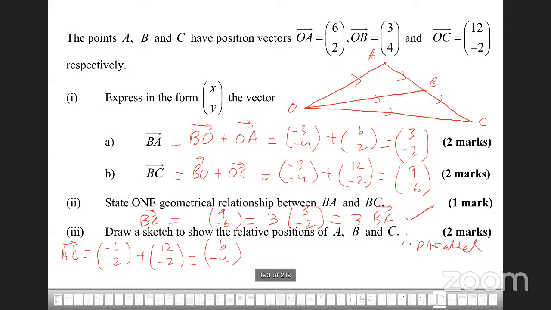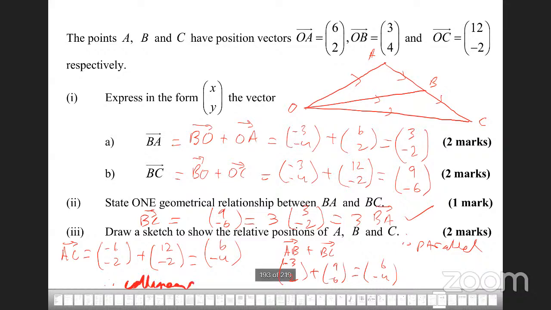Therefore, let's add up AB and BC. So AB, we have BA there. So AB is 3, -2. BC is 9, -6. So when you add it up, you'll get 6, -4. Therefore, they are collinear.